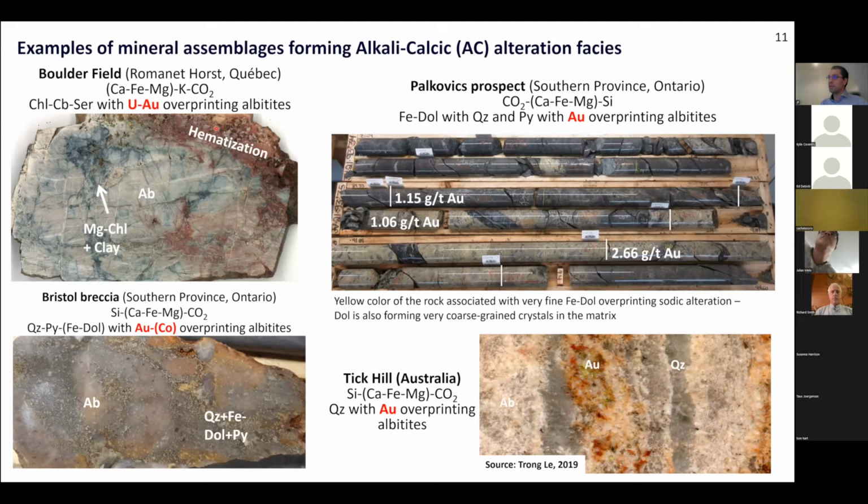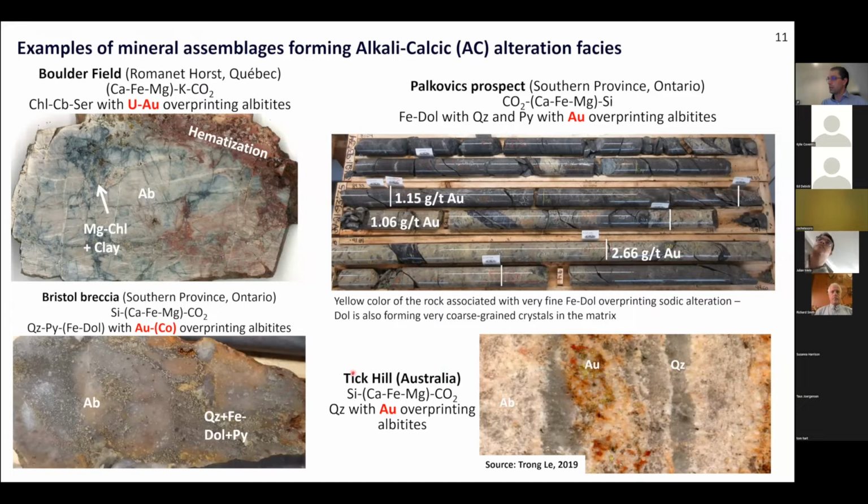In the Southern Province, at the Bristol Breccia, we have an albitite. This is located just west of the Sunrise deposits. We have an albitite that is overprinted by a matrix of quartz with variable ferroan dolomite and some pyrite. And this will be associated with gold, with subsidiary cobalt mineralization.